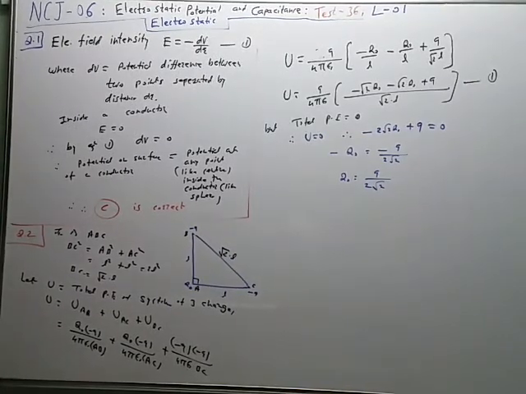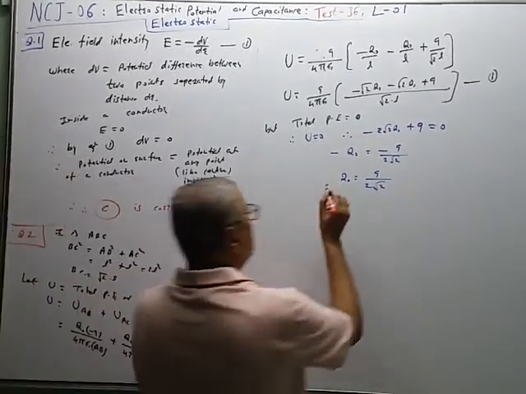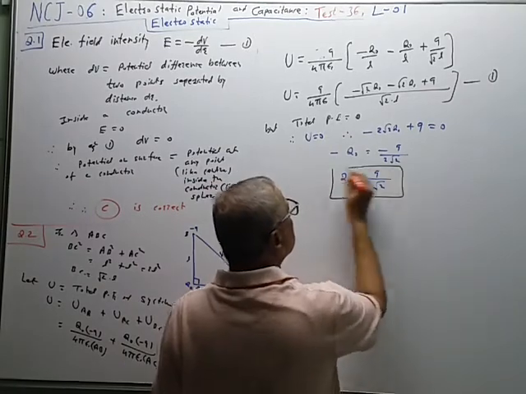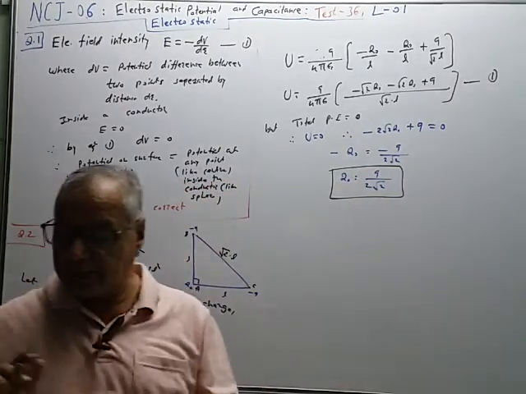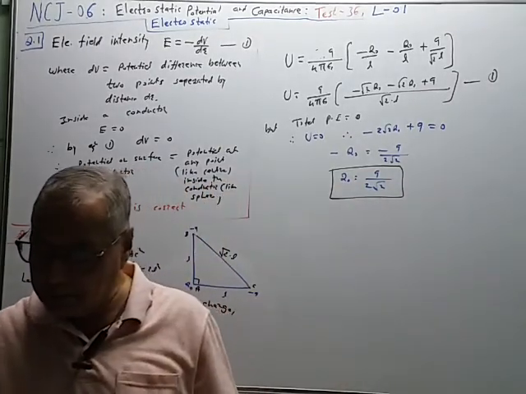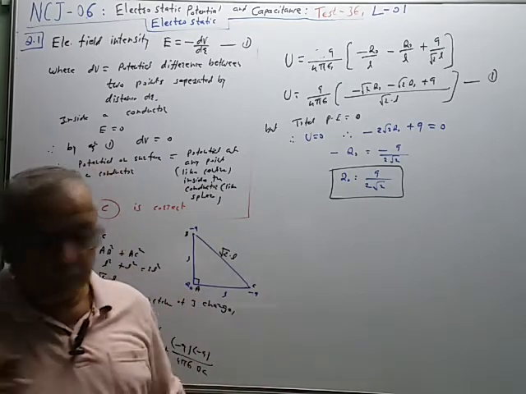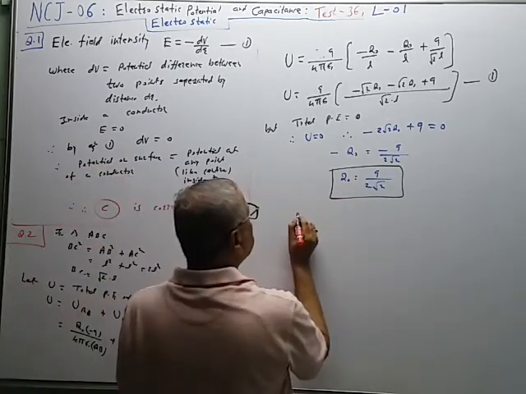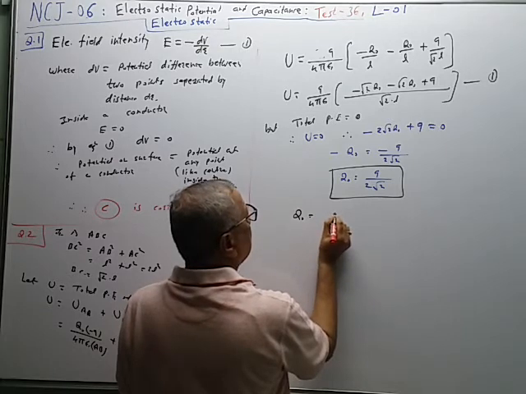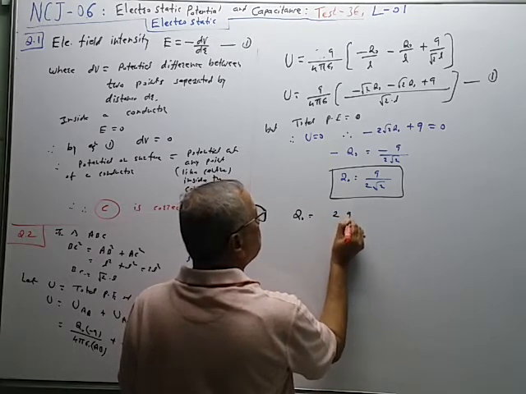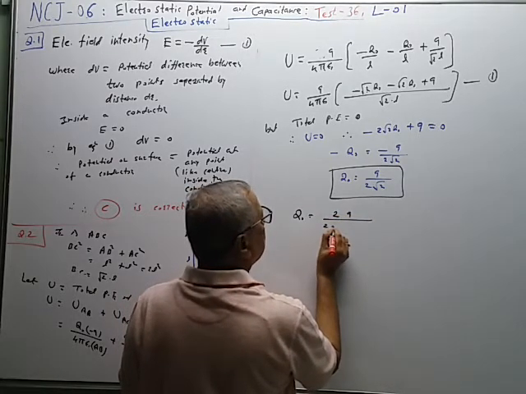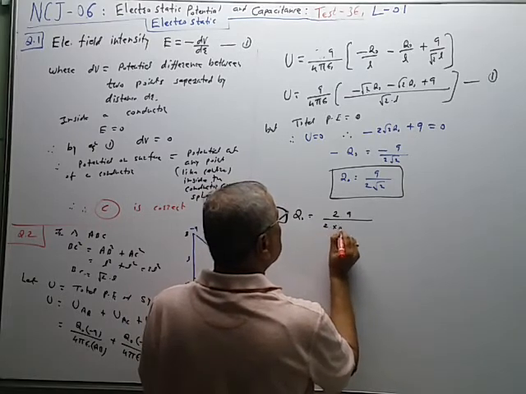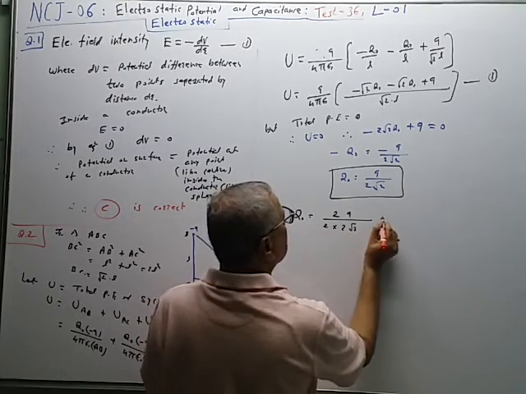So the value of Q0 in terms of Q is like this. But this choice is not given directly. The answer is correct, but it is given in this form. So I will arrange the right hand side like this. Multiply by 2, and this is 2 multiplied by 2 root 2 as it is.